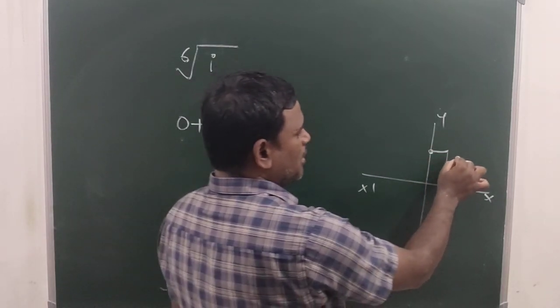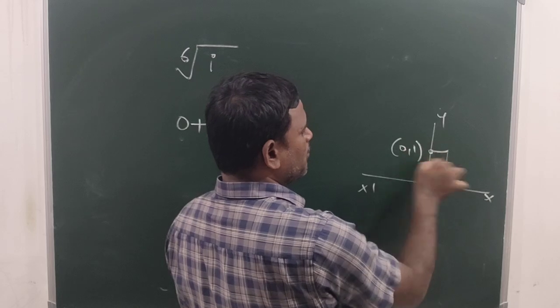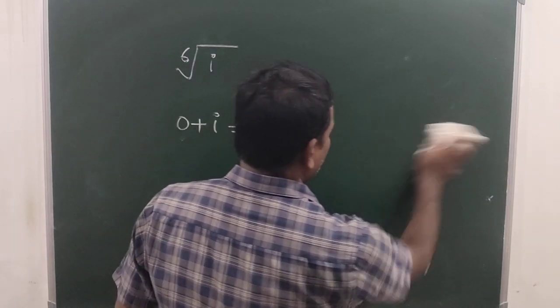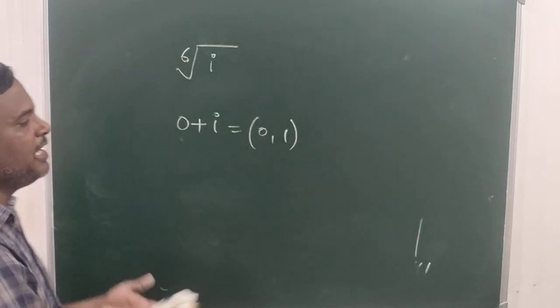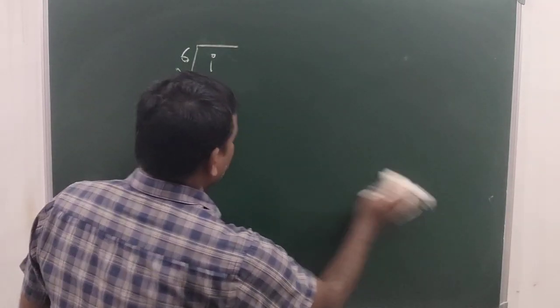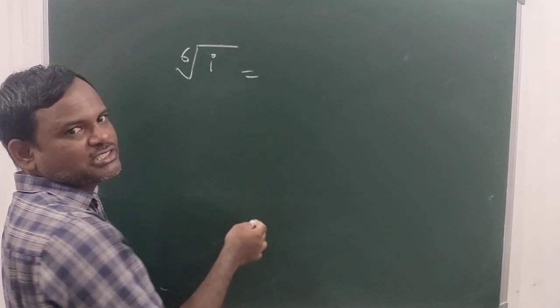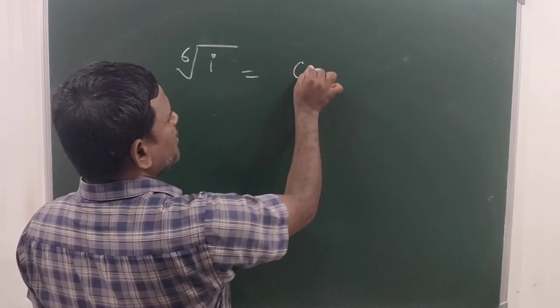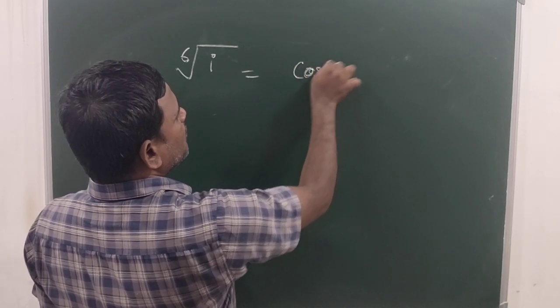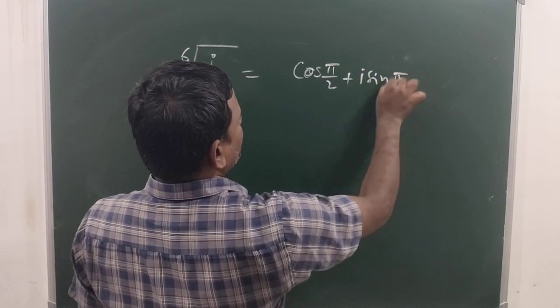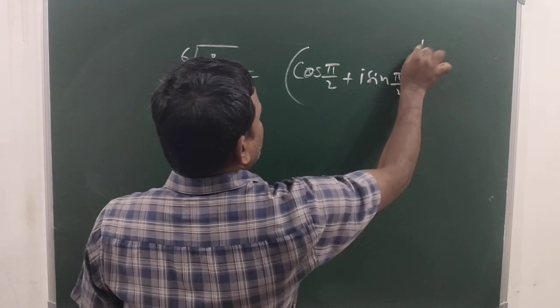So here the argument will be pi radians by 2. So theta will be pi radians by 2. Now write. Here the magnitude is 1 only, 1 power 1 by 6 becomes 1. So cos 90 plus i sin 90 whole power 1 by 6.